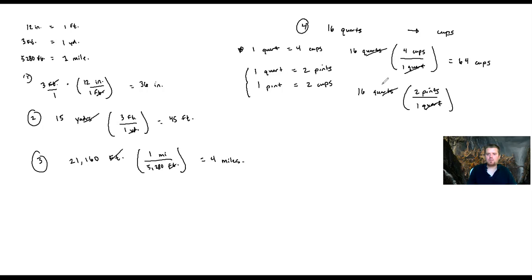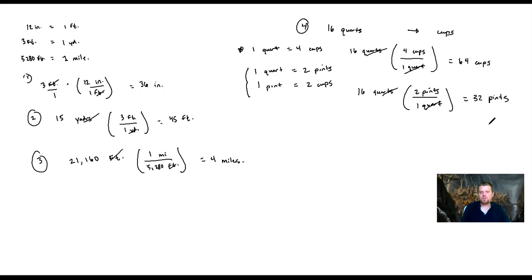Your quarts would cancel out. 16 times 2 gives you 32 pints. And then from here, 32 pints times, there are 2 cups to a pint. Pints cancel out. 32 times 2 gives you 64 cups, like so.